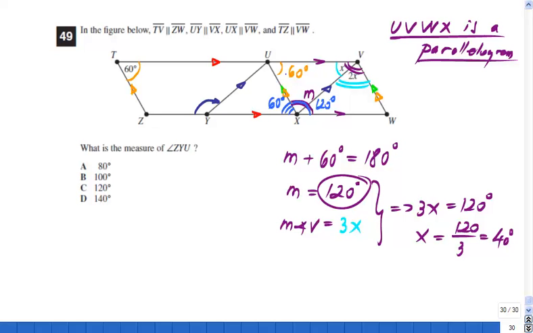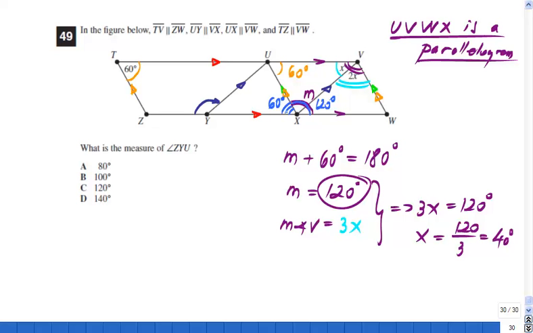60, right? Well, we could have seen that because TV is parallel to ZW, and this 60-degree angle in blue and that orange angle over there are what? Alternate interior angles that are congruent. So, you know, that's another way in which you could have spotted that. Well, I know that 60.